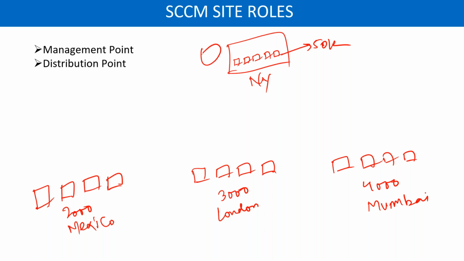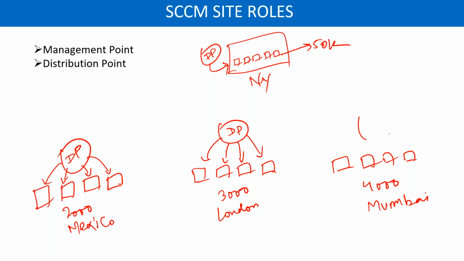So you have a distribution point here which serves these 50,000 devices. You will have a distribution point here which will serve these devices, and another distribution point in Mumbai which will serve those devices. So each location will have a distribution point.